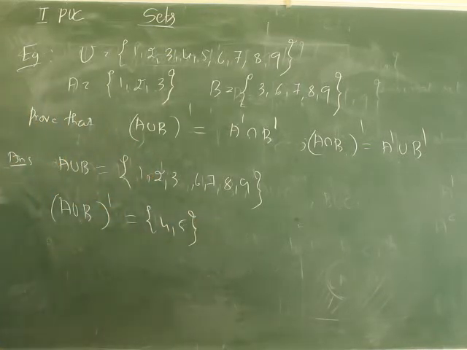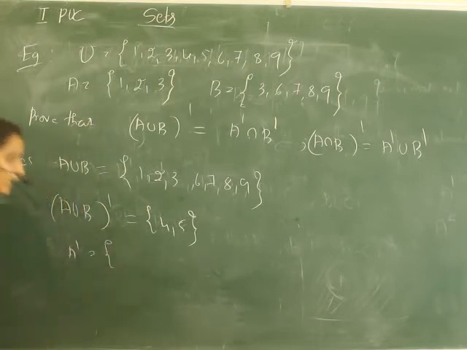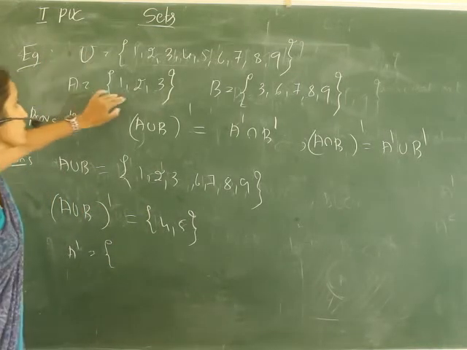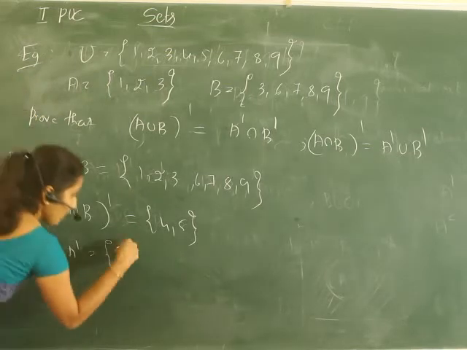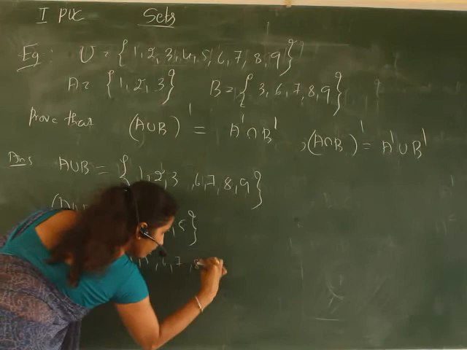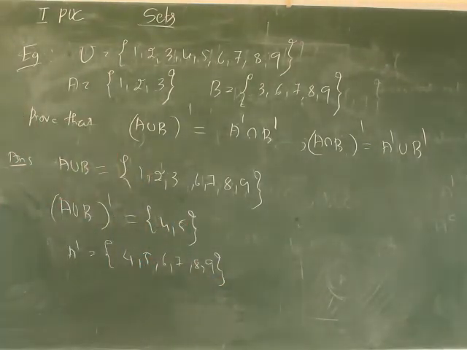So we got A union B whole complement is 4 and 5. Next I'll calculate A complement. A complement is the elements present in U but not in A: 4, 5, 6, 7, 8 and 9. So this is A complement.